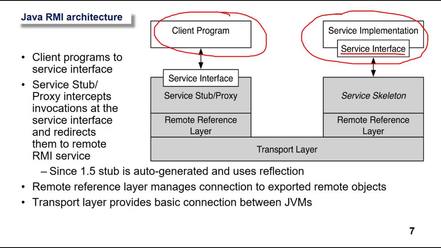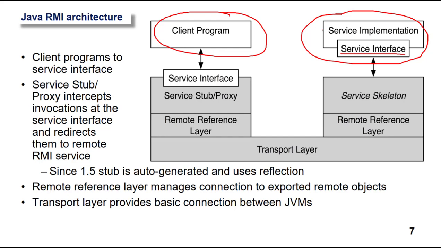So remember, all this is written in Java. Java RMI is a Java technology, and the service interface is essentially the normal interface that you're all hopefully familiar with. Remember that an interface contains a number of methods that contain no implementation within them.